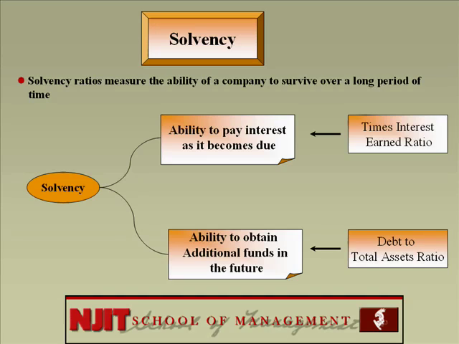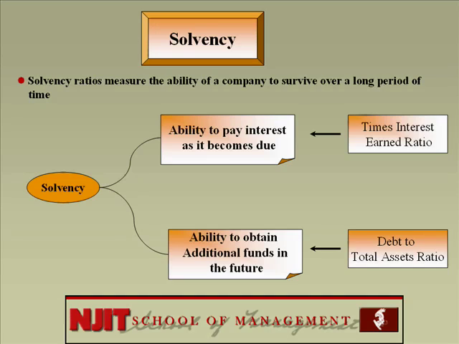This last ratio, debt to total asset, measures the extent to which a company is already indebted. If the debt to total asset ratio is high, is it good or bad? It's bad.